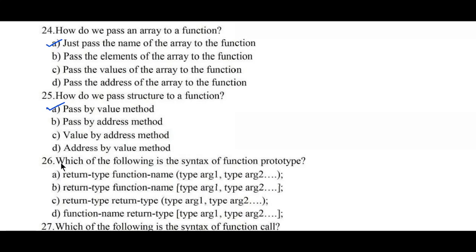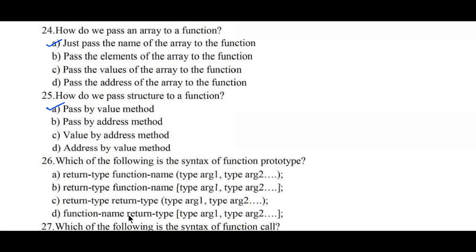Question number 26. Which of the following is the syntax of a function prototype? Option A, return type, function name, and inside the round bracket type argument 1, comma, type argument 2 and so on. Option B, return type, function name, inside the square bracket type argument 1, comma, type argument 2 and so on. Option C, return type, inside the round bracket type argument 1, comma, type argument 2 and so on.